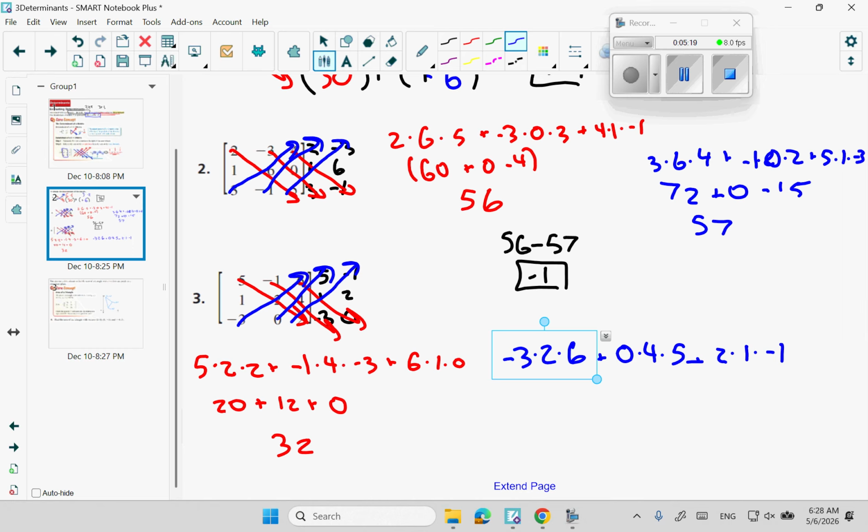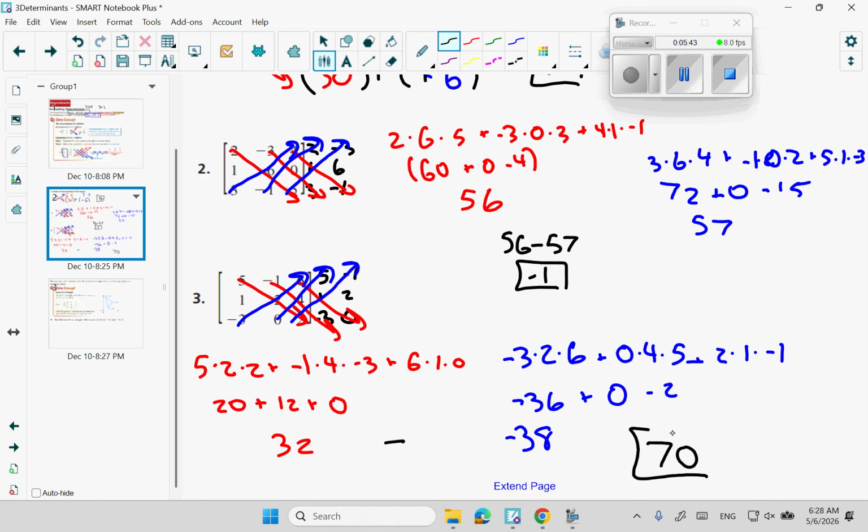Negative 3 times 2 times 6, that's negative 36. 0 times 5 times 4 is 0. And then I get negative 2 over here, so I get negative 38. So 32 minus negative 38, remember that's going to turn into a plus, because subtracting a negative is adding. So I'm going to get 70 for the determinant of that matrix.